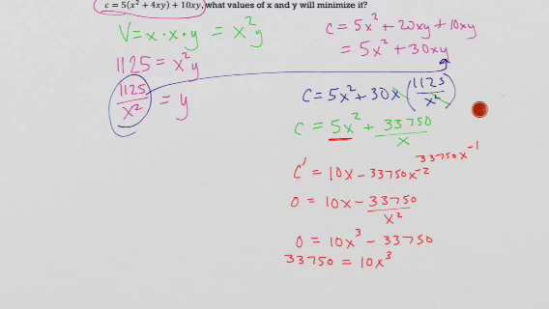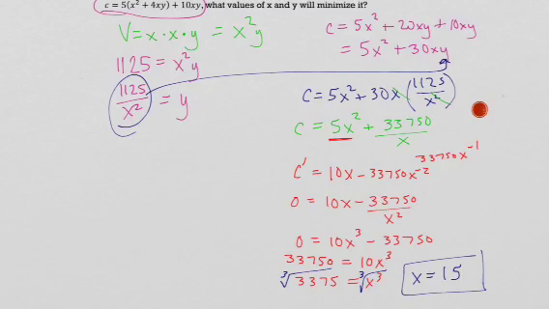Divide by 10. And then because I have x cubed, I'm going to take the cube root of this, and I find out that x equals 15. So 15 is going to help minimize my value.